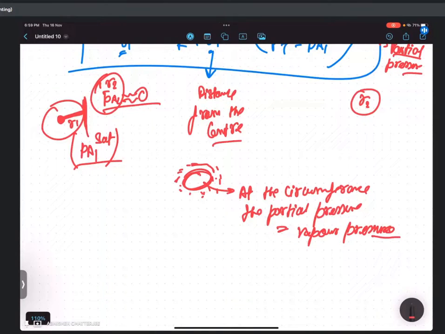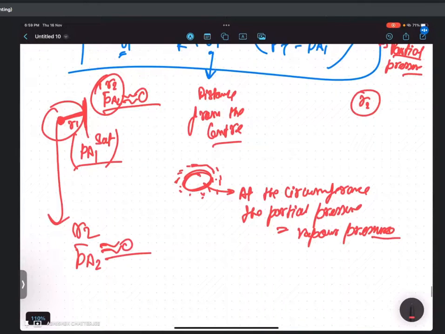However, if we increase the distance and go to a point like R2, at that point the partial pressure is almost equal to zero. That is the catch behind it.